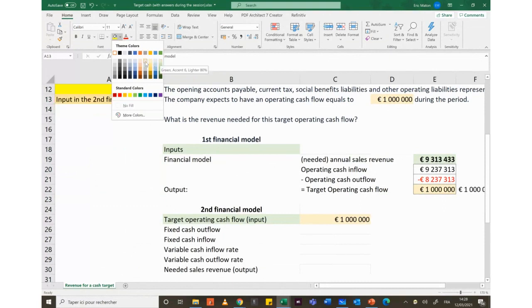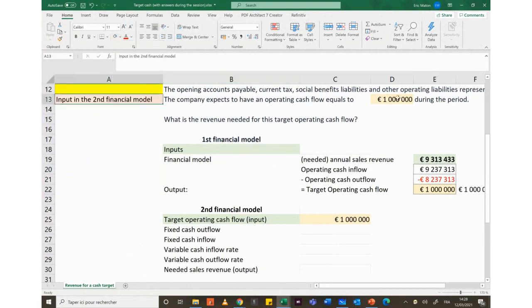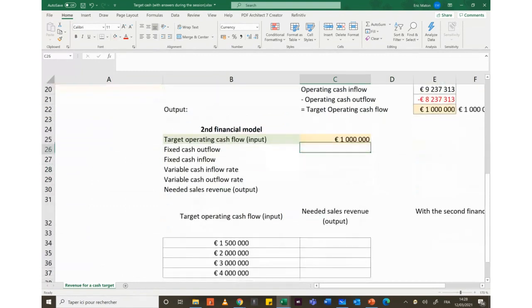I put a different color. So now I have the fixed cash outflow.